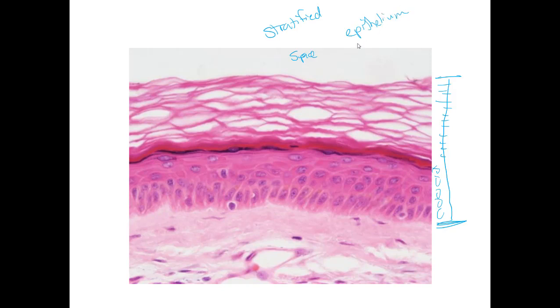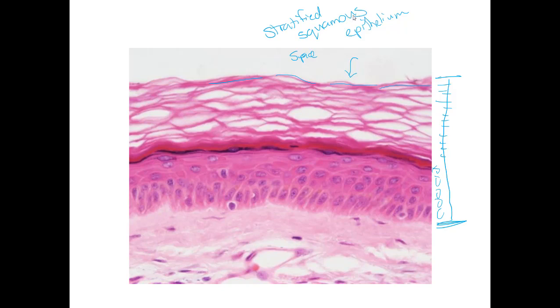Now let's fill out, what is the shape of these cells? Remember, where are we looking when we're looking at these shapes? Yeah, we'll be looking at the top layers, right? And looking at the top layers, what are the shapes of these cells? Yeah, they're flat, so they'll be squamous.